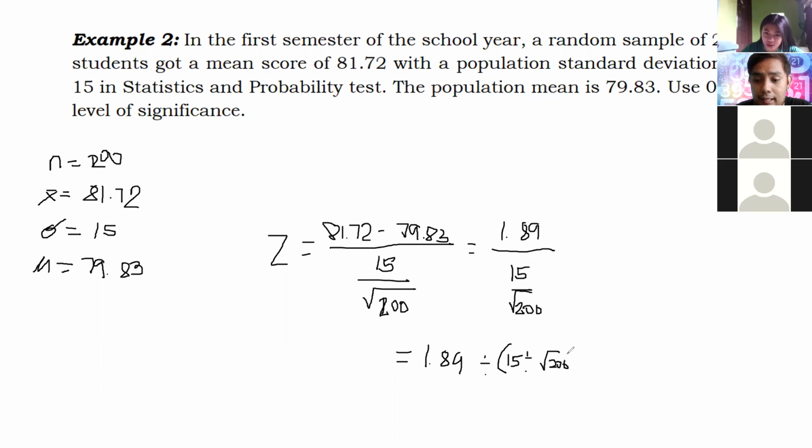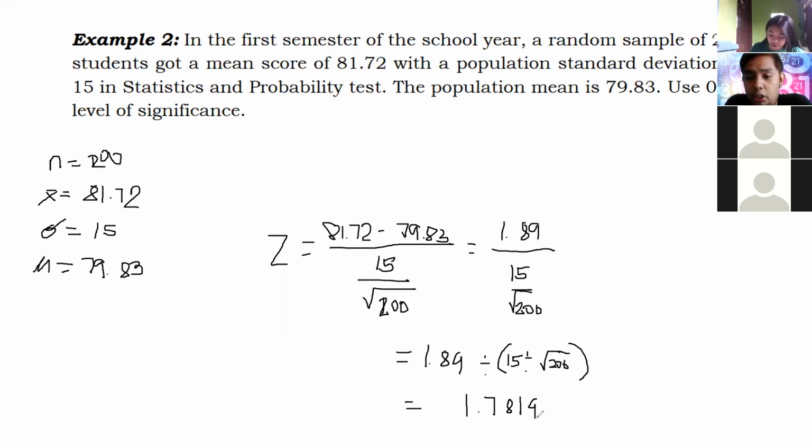Yan ang ilalagay natin sa calculator. Okay? So ulitin natin, that's 1.89 divided by, open parenthesis, 15 divided by the square root of 200, close parenthesis, and we'll be having, in 4 decimal places tayo, 1.7819.